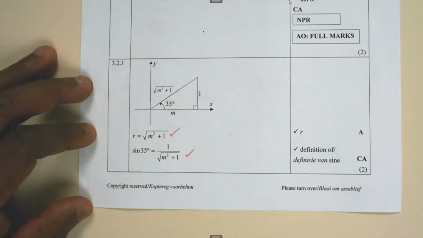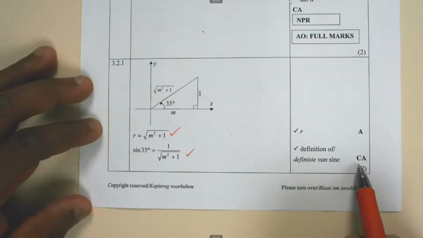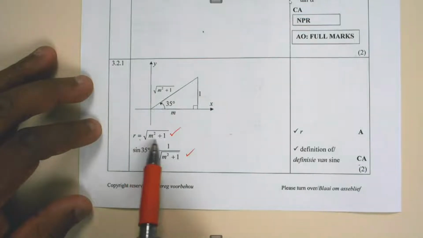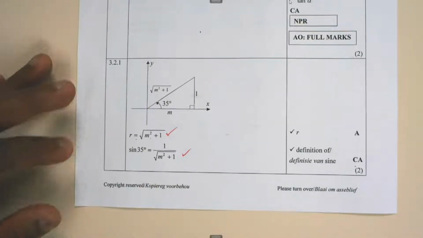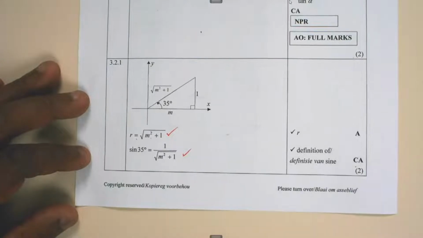And this is a CA mark. Why a CA mark? If R is not correct in the first step, but when writing the ratio it is correct based on the incorrect answer, this learner will still get the mark because it says CA mark. Right. And then we continue, colleagues, moving to 3.2.2.